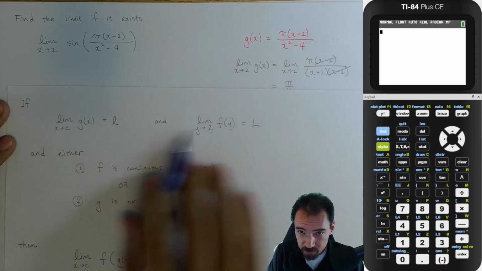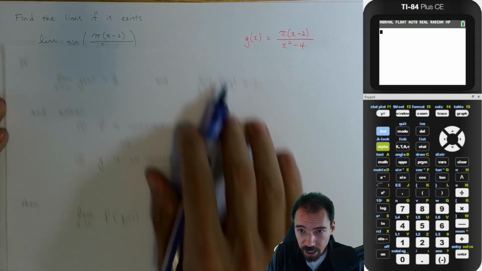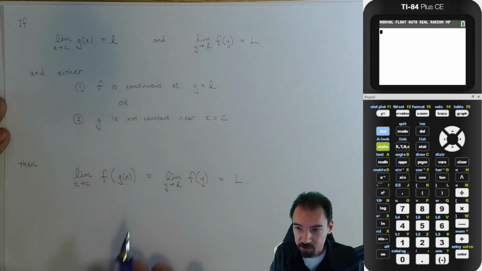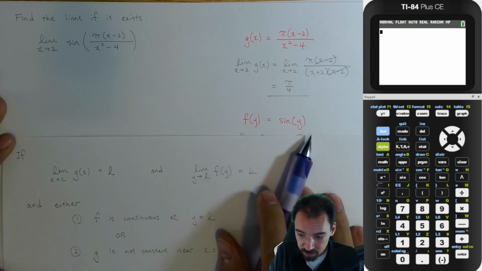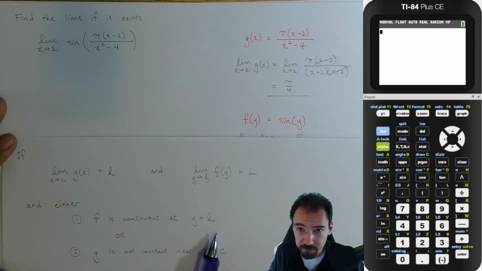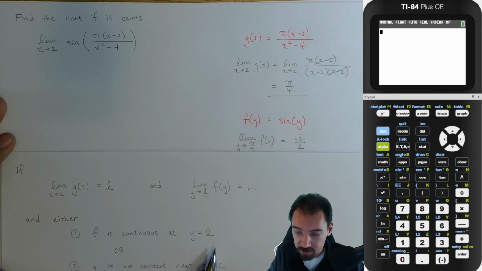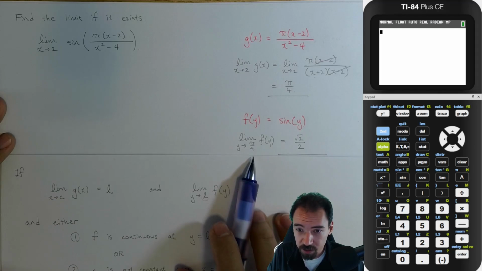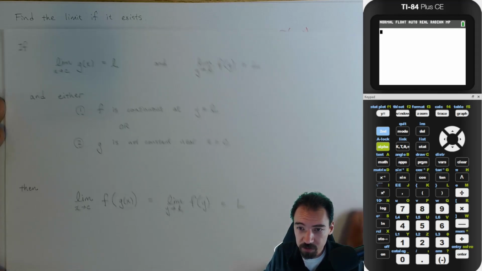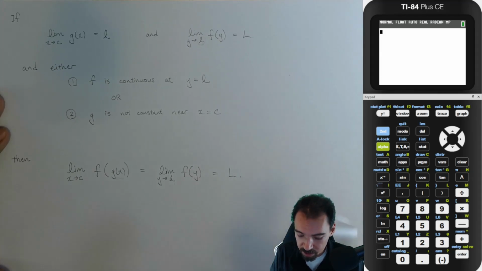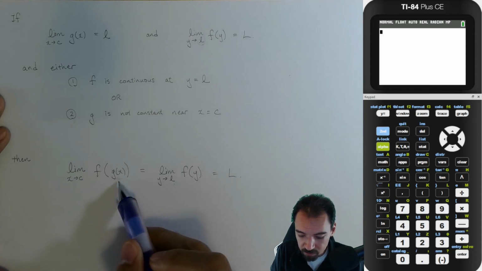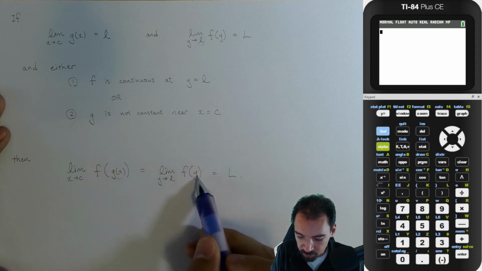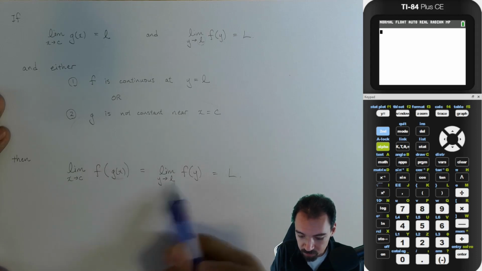we've established that these two limits both exist, and I asserted, trust me, that f, the sine function, is continuous everywhere, so it is definitely continuous at the lowercase l value pi over 4. So I'm able to do this cool new trick where I say, I'm going to do the limit inside and then replace that with a variable and make that variable approach what the limit is.